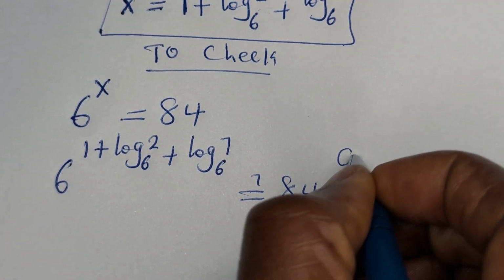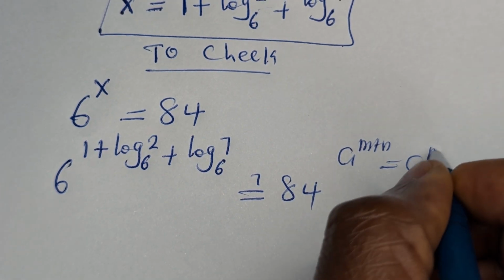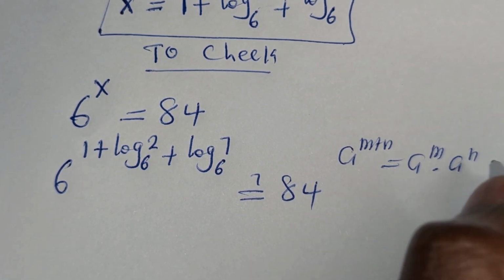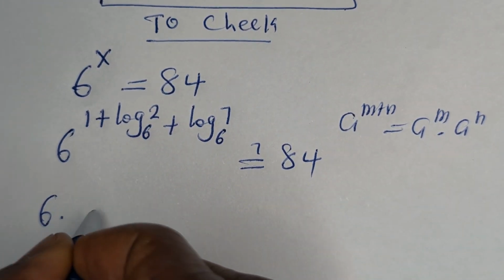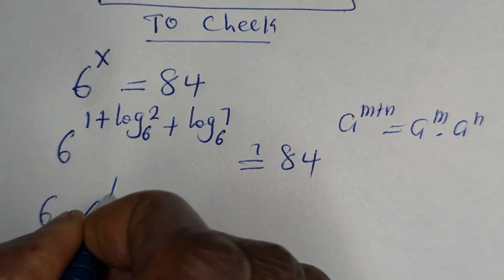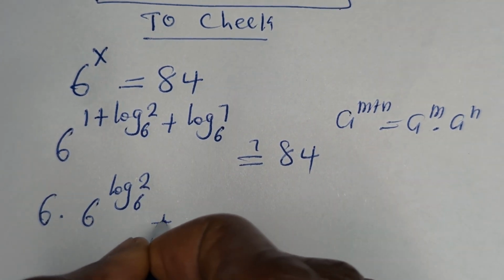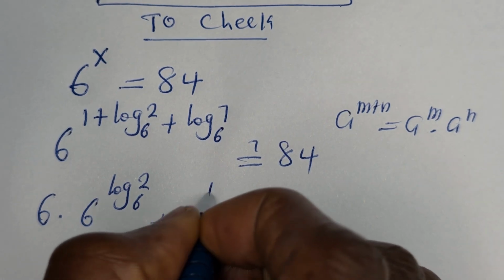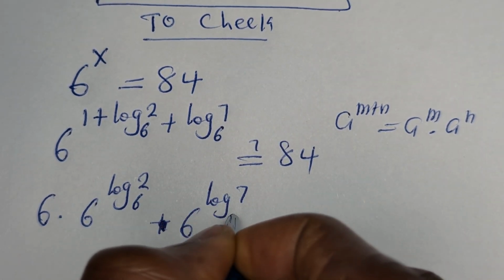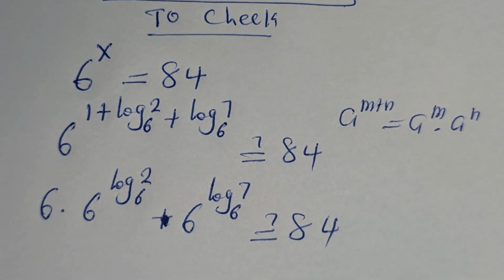Then if you have a raised to power m plus n, this is equal to a raised to power m multiplied by a raised to power n. This can be written as 6 multiplied by 6 raised to power log 2 base 6 multiplied by 6 to the power of log 7 base 6 must be equal to 84.